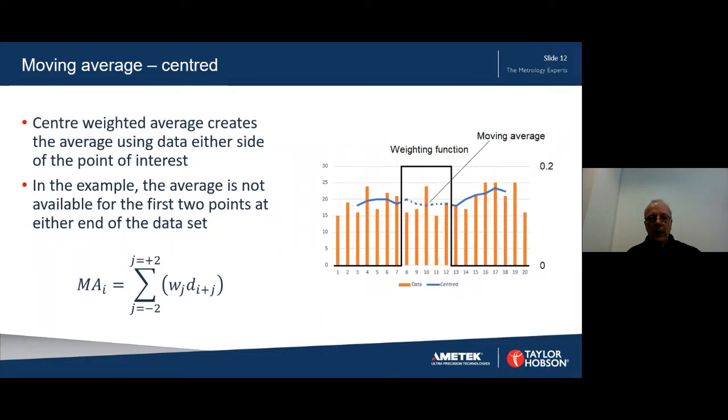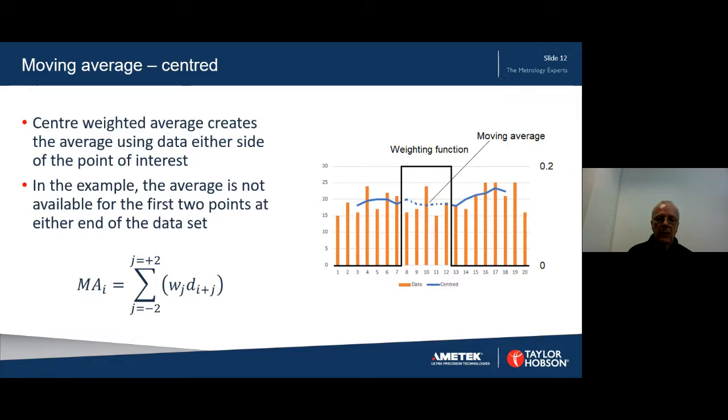We could also create a centered moving average. This is where the average is formed by using points either side of the point of interest, as shown here. The moving average, MA, is now described by this new formula, which appears easier to read than the previous formula. Note that the average is not available for the first 2 and last 2 data points.